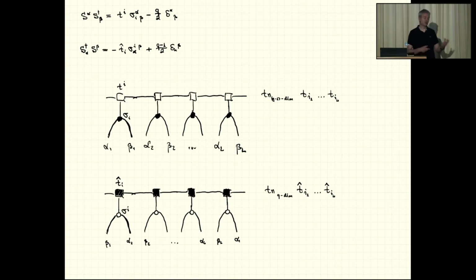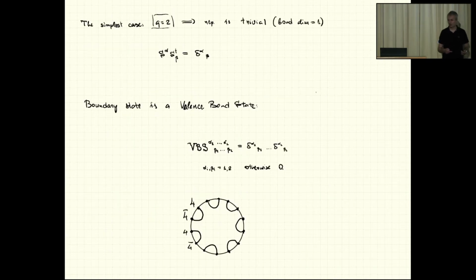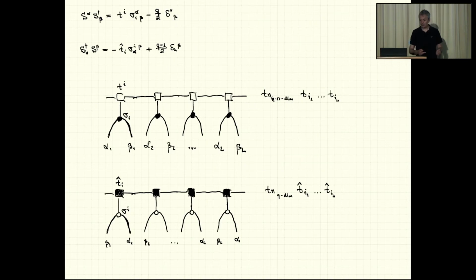This representation also makes the connection to group theory immediate, because the matrices that describe the state in the auxiliary space are simply representation matrices of SU(2). They are characterized by either a Q minus 1 dimensional representation of SU(2) or by a Q dimensional representation.